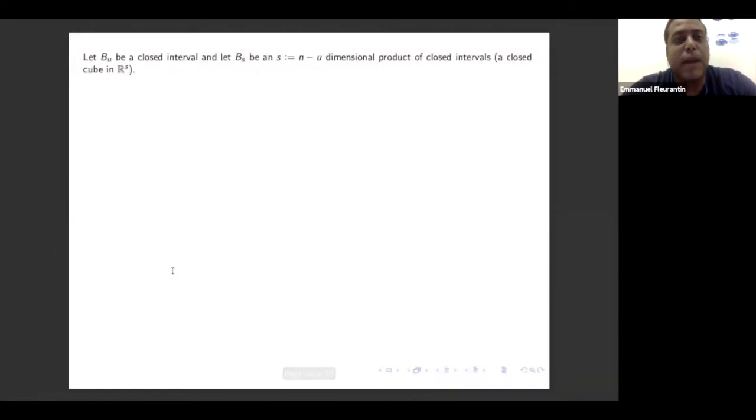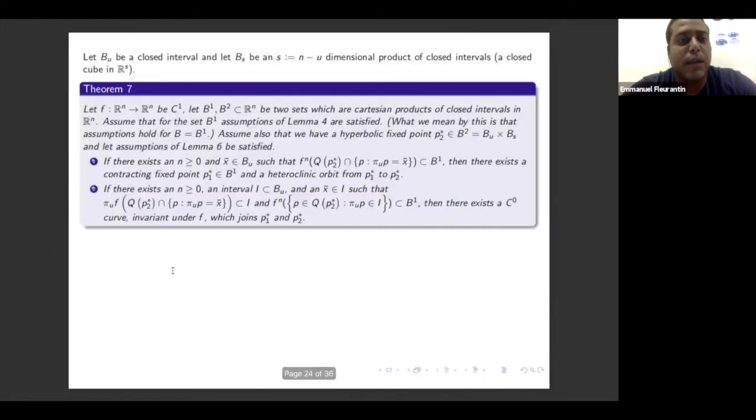Okay, so now what we're going to do is try to propagate. This is our theorem: let F from R^n to R^n be C^1, and we have B1, B2 subsets of R^n. In this case, P1 star will be our stable fixed point, and P2 star will be hyperbolic.